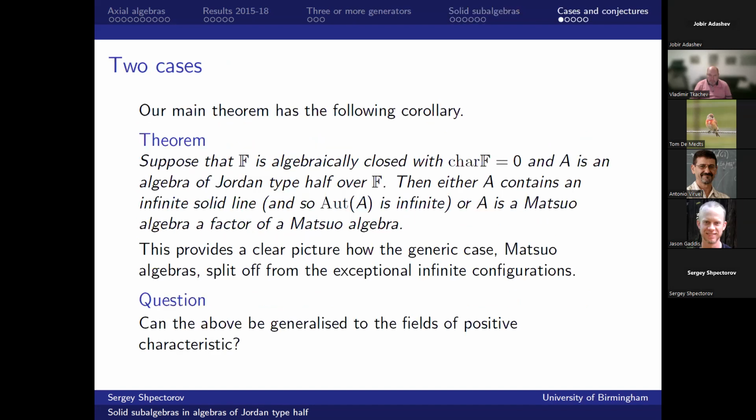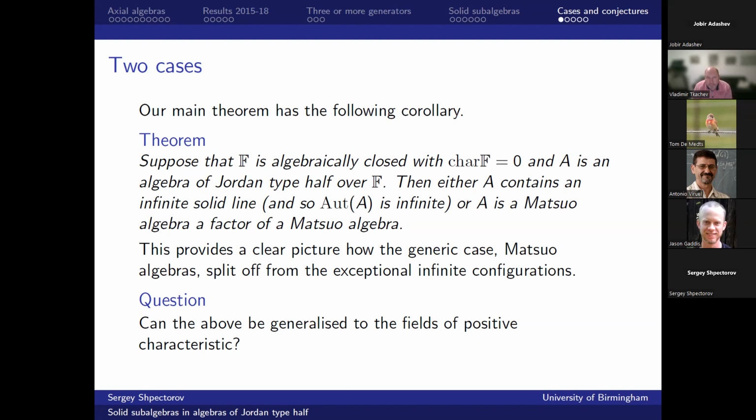Right. And so we have the following nice corollary. Suppose that F is algebraically closed and characteristic is 0, and A is an algebra of Jordan type half over F. Then either A contains an infinite solid line, and so it has an infinite automorphism group, or A is a Matsuo algebra or a factor of a Matsuo algebra.